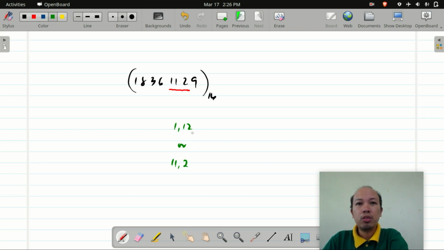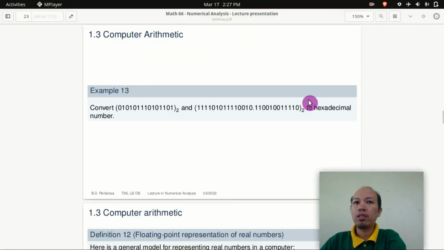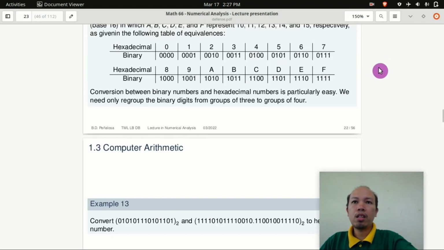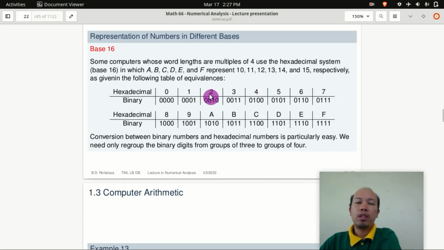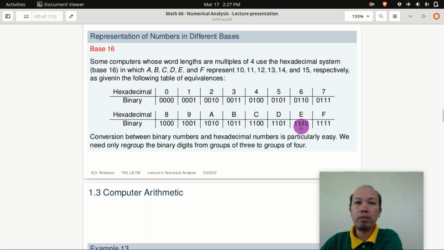Therefore it is necessary to replace numbers 10, 11, 12 up to 15 with a letter, so that you will not be confused in solving the given problem.